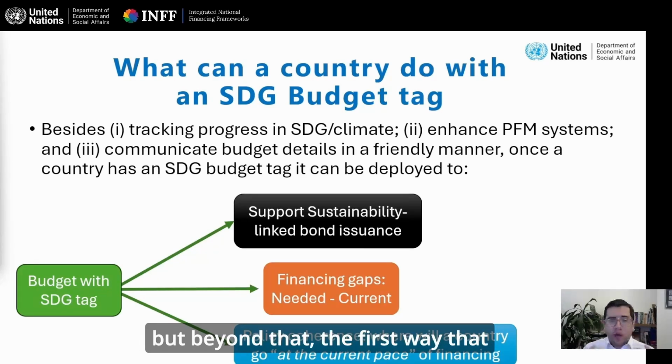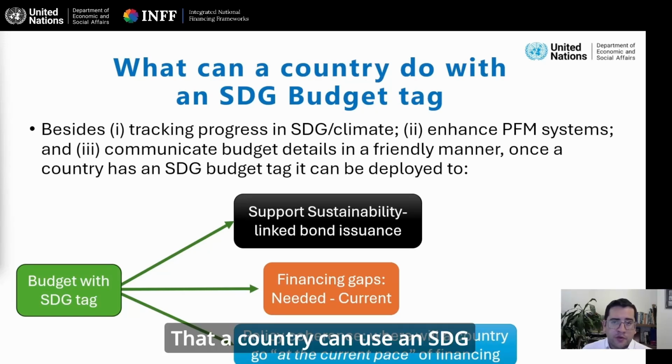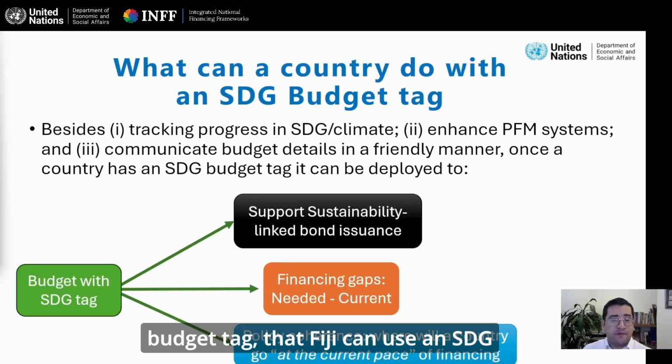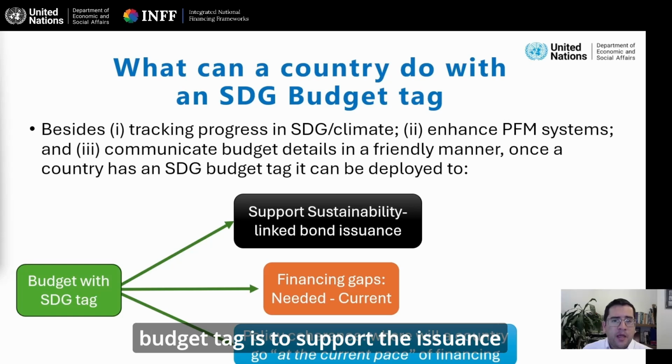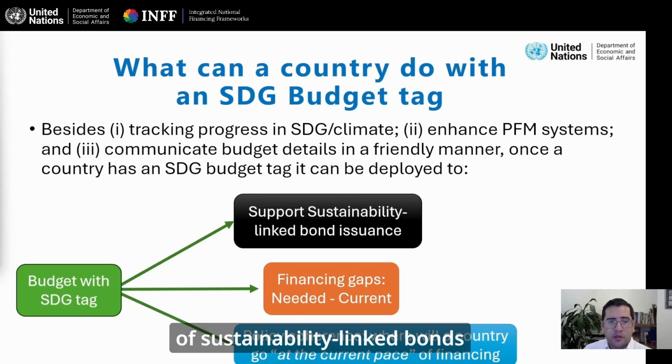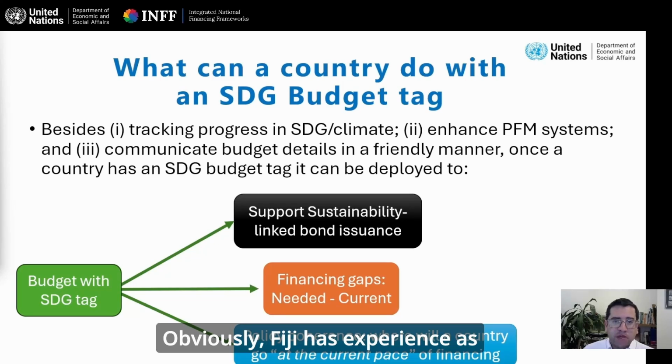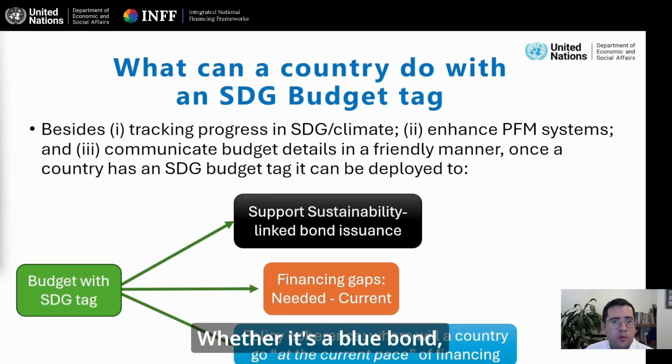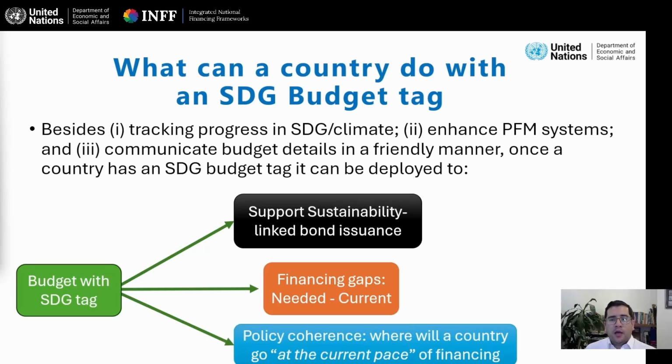But beyond that, the first way that a country can use an SDG budget tag, that Fiji can use an SDG budget tag, is to support the issuance of sustainability-linked bonds. Obviously, Fiji has experience, as other states and developing countries do, in issuing sustainability-linked bonds, whether it's a blue bond, green bond, or whichever other bond is available.